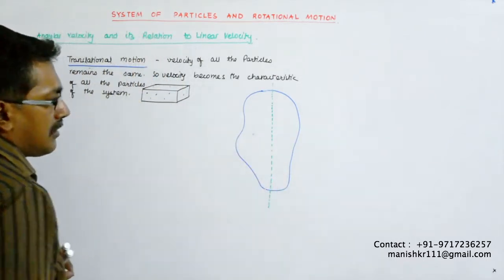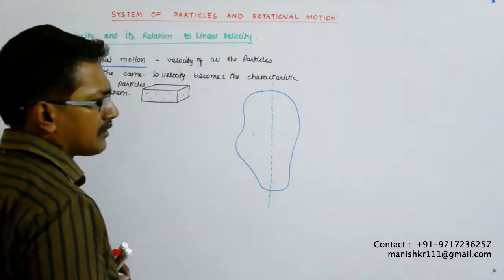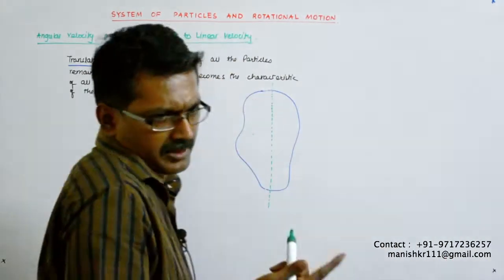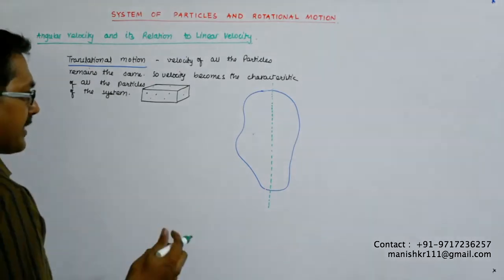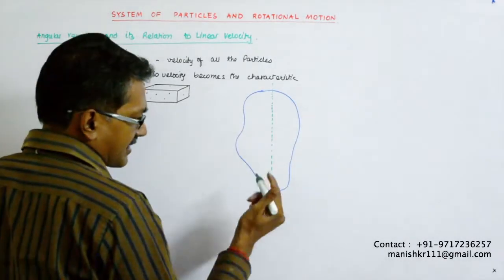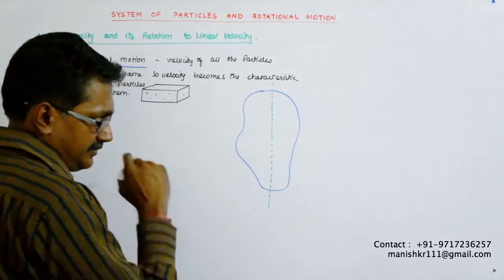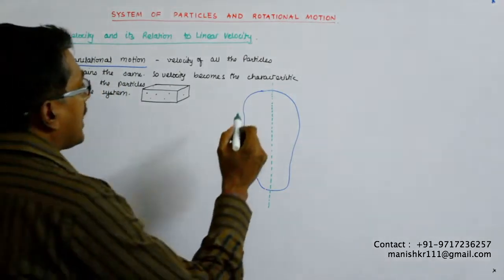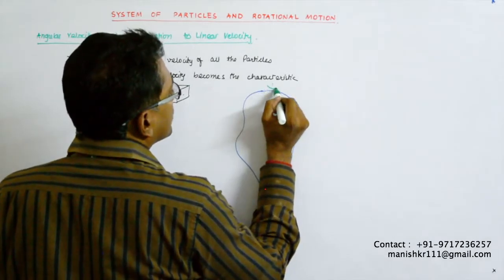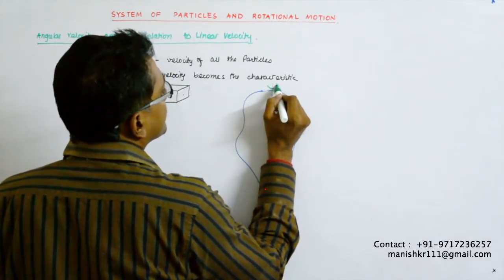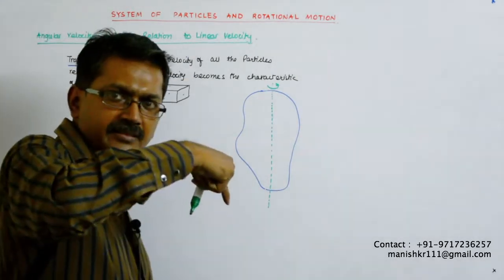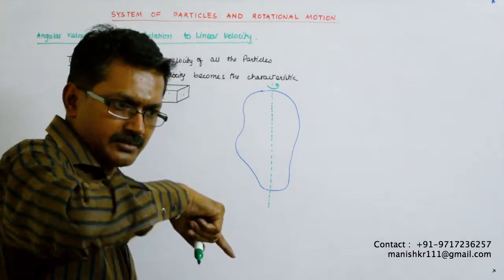The axis can be taken anywhere. Normally passing through the center of the mass, right? Normally, but not essentially. So you can take it anywhere, and this axis is fixed. And the thing is rotating like this. Looking from above, it is anti-clockwise, correct?